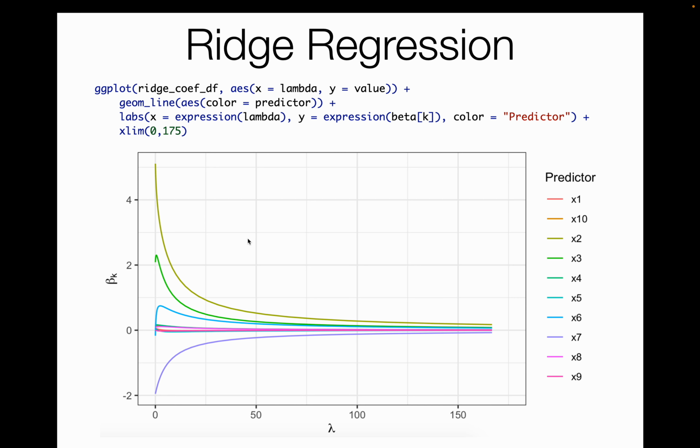But you see interesting behavior, especially this blue one, although the colors over here are a little crazy. So x2 is this yellow one, the top one. Okay, x3 is the green one.